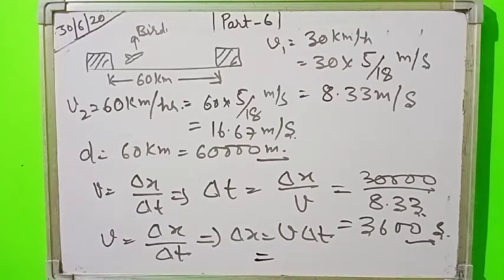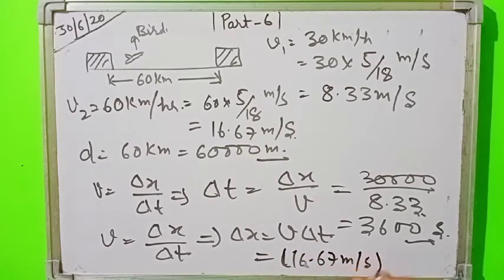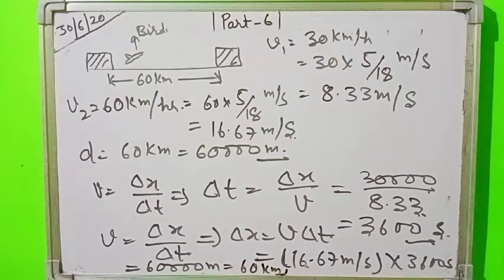The velocity of the bird is 16.67 meter per second, and in 3600 seconds it will give the distance 60,000 meter, that is equal to 60 kilometer.